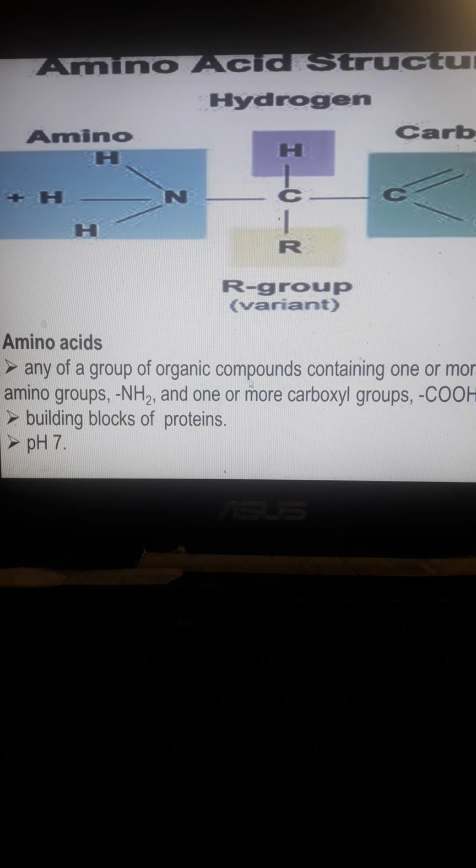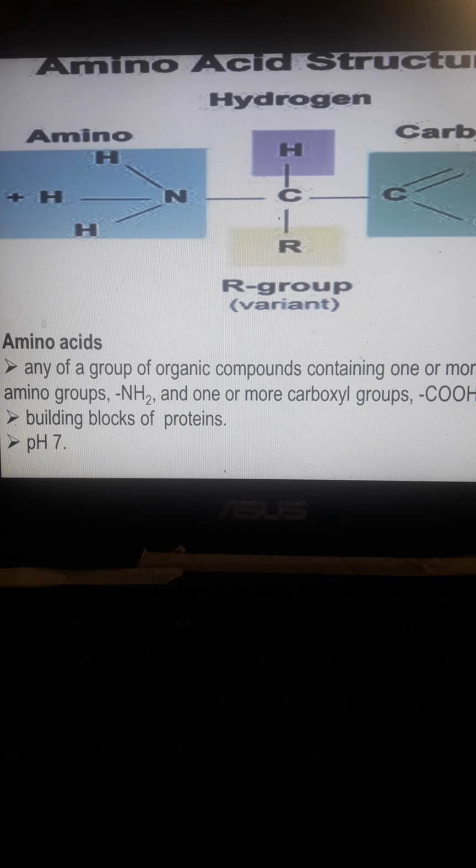Amino acids are organic compounds containing one or more amino groups and one or more carboxyl, or carboxylic acid, groups. We have the COOH known as the carboxyl group, and amino acids are known as the building blocks of proteins. Amino acids plus amino acids will form a peptide.